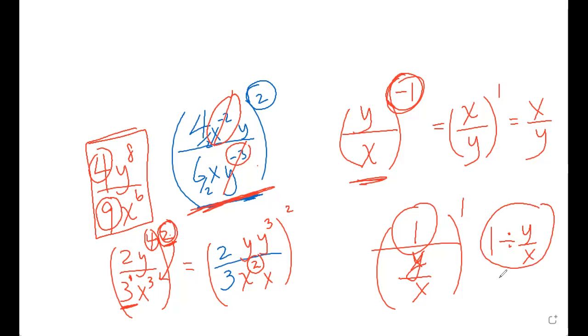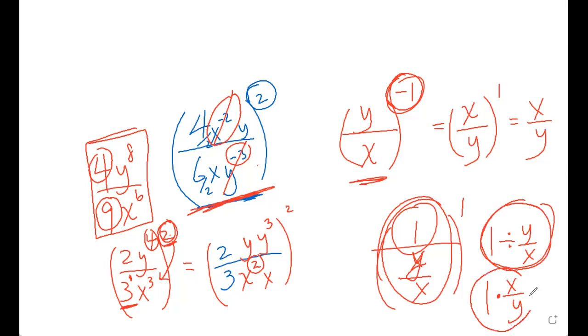You all recall, it is the same as 1 times x over y. So this is 1 divided by y over x, which is really x over y to the first power. So it's x over y. That's the answer right there.